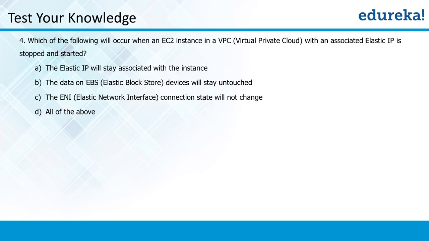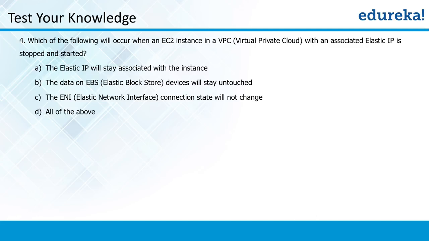It would get detached from the EC2 instance, and that's why a lot of people think that the Elastic IP continues to exhibit that behavior, right? But in VPCs, only in VPCs, even if the server restarts, the Elastic IP address is always associated with the instance, right?